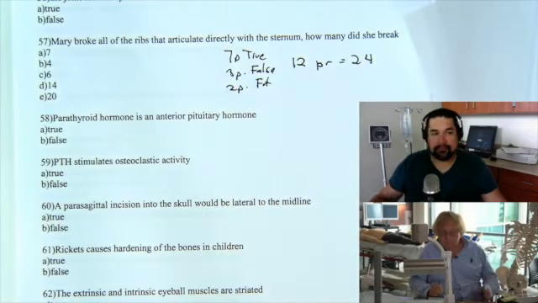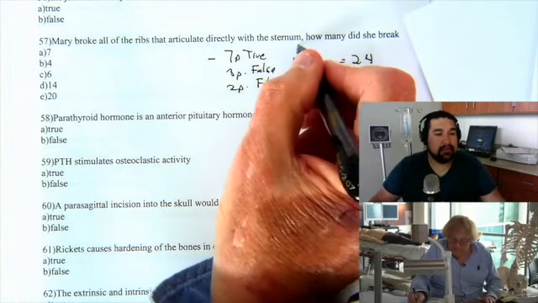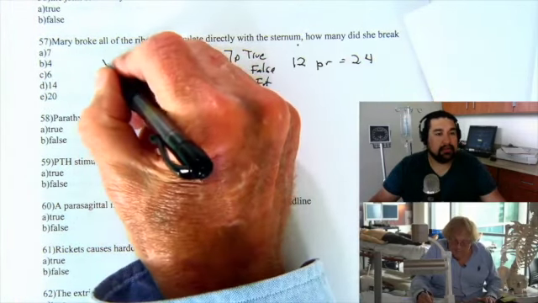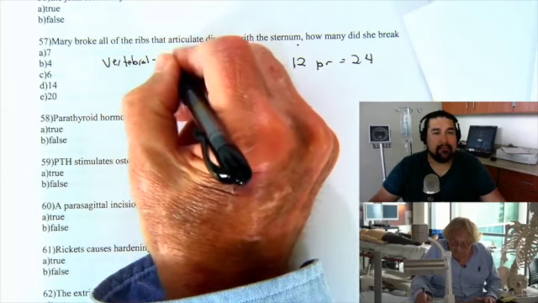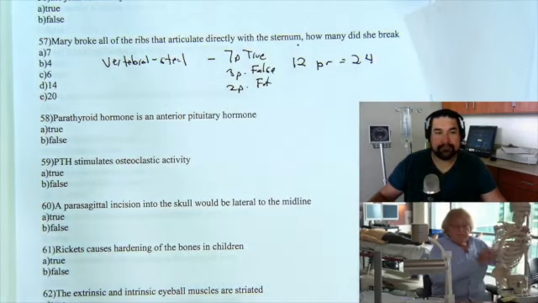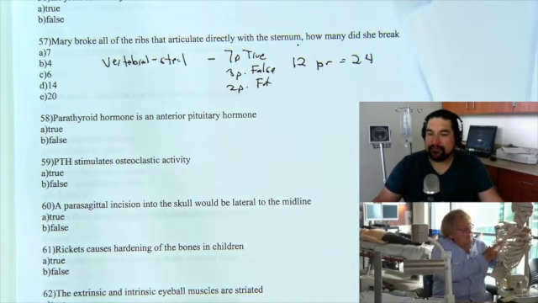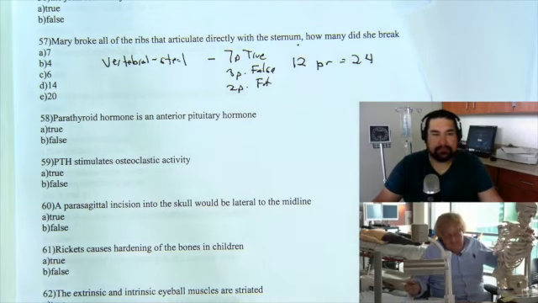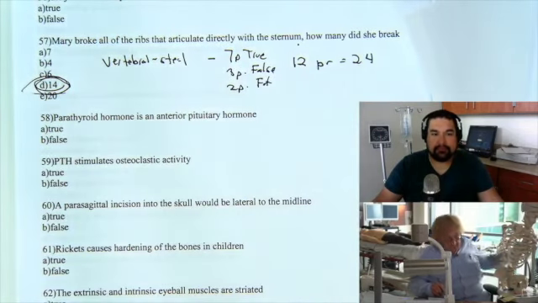And so therefore true ribs are going to be ribs that directly articulate with the sternum, and they're called vertebrosternal. And so therefore, if these ribs here with my friend here, how they're articulating, you can see that only 7 pair are actually articulating directly with the sternum. These are piggybacking, these are floating, and so 7 times 2 is 14. So that's the right answer to that question.